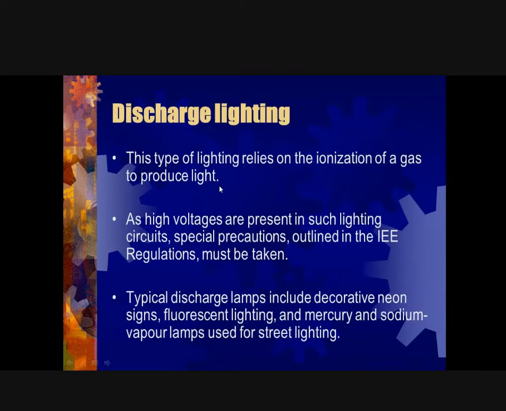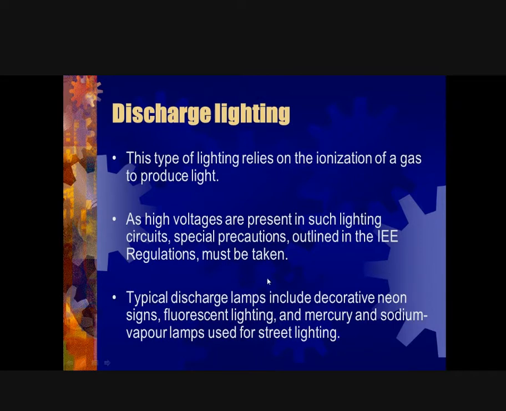Discharge lighting, right? Basically, this type of light relies on an inert gas being ionized in a glass tube, right? So it will be in a glass container, a glass tube, and then you will ionize the gas to produce the necessary light required.